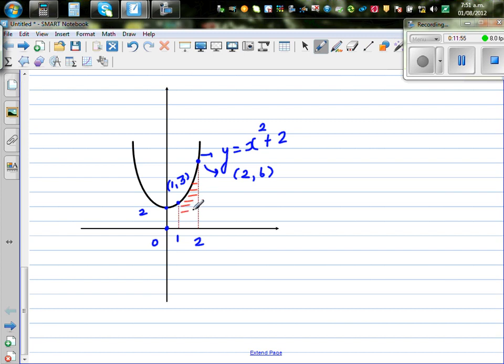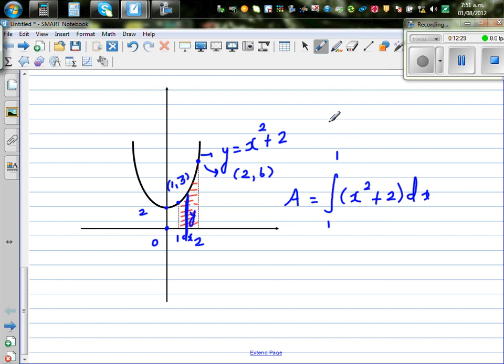Here the problem is you can't use any method other than calculus. So here the area would be the definite integration from 1 to 2 of x squared plus 2 dx. The idea is the same: you're taking an infinitesimally thin rectangle where your width is dx and your height is y.